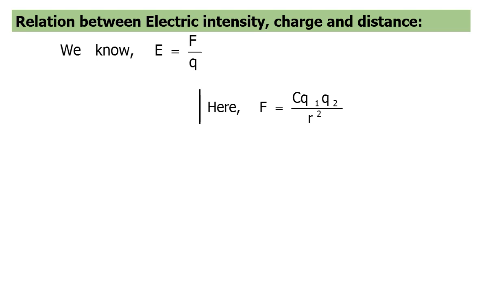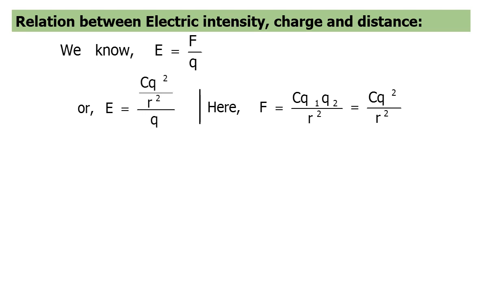And if we write the coulomb force for similar charges, then we can write F equal to C Q square by R square. Here the value of first charge and second charge is Q. Then we can write F equal to C Q square by R square.